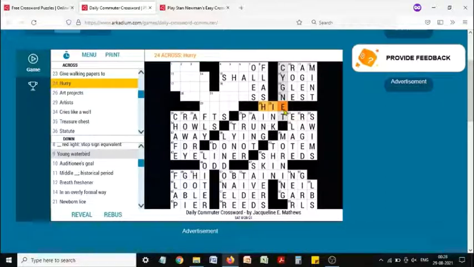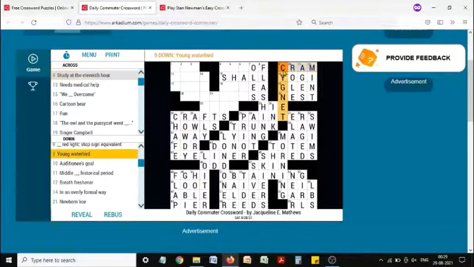Let me try E. Oh, that's the right answer. I've never heard of this word, by the way. Hie. So to hie is to hurry. Never knew that. Signet. Okay, so Cygnus and Cygnet. Young water bird. Oh, it says young water bird. So probably the adult bird is called a Cygnus.